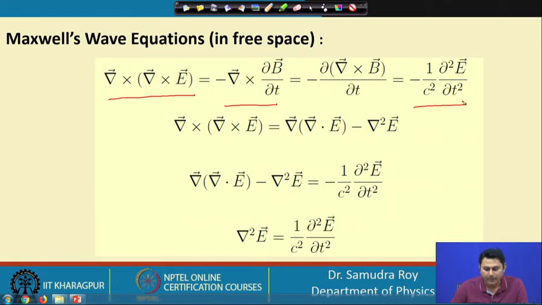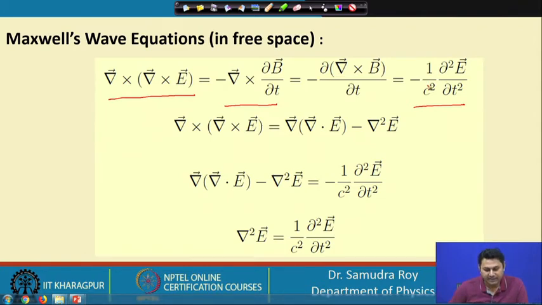If I write this as del 2 E del T square, then there is a term mu 0 epsilon 0 which should be here. So the mu 0 epsilon 0 term is now replaced by 1 by c square.